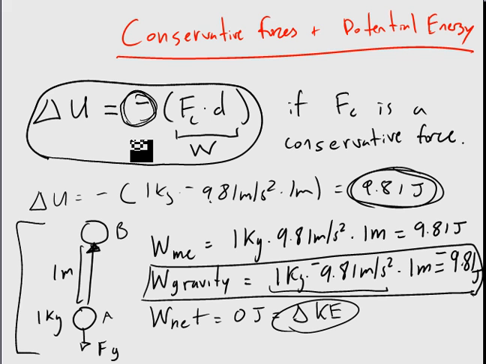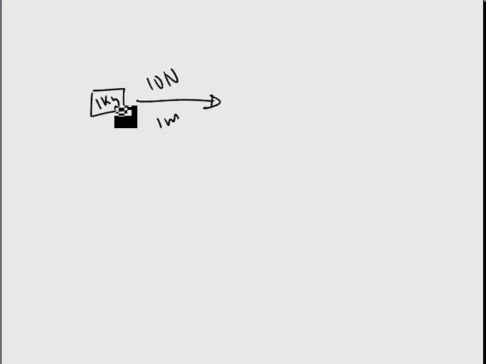So let's kind of just compare this to some non-conservative forces for some insight. So let's say I'm pushing a box, and I'm pushing it with whatever, like 10 newtons of force over 1 meter. It can be 1 kilogram.